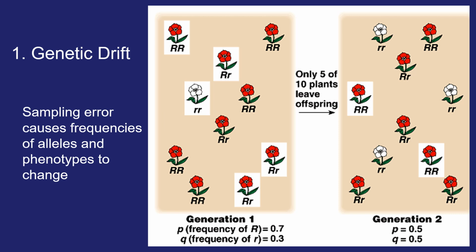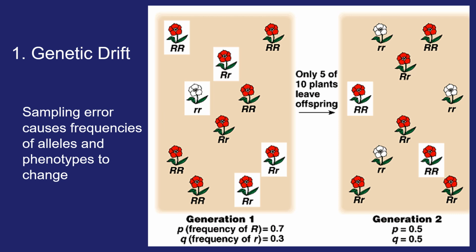If we were to look at these genotypes and just add up the big R's, the dominant alleles, we would find that there are 14 dominant alleles out of 20. So that's our 0.7. Likewise, we could add up all of the recessive alleles, the little r's, and we have 6 out of 20. And that's our 0.3.